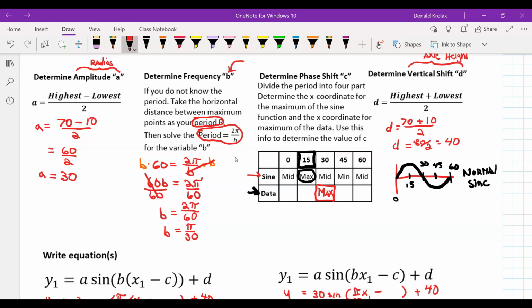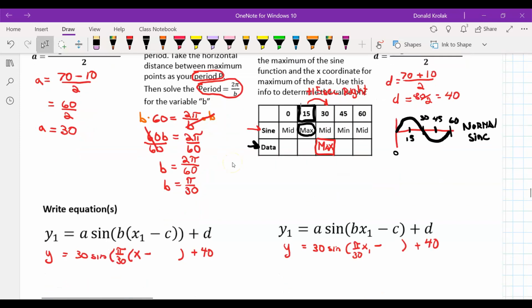What would you have to add to this to move it to there? 15 to the right. 15 seconds right. Well, no, you just got to add 15 seconds. So this tells us that the phase shift is 15 seconds to the right. And then the maxes would line up.